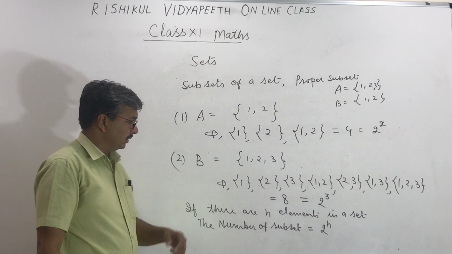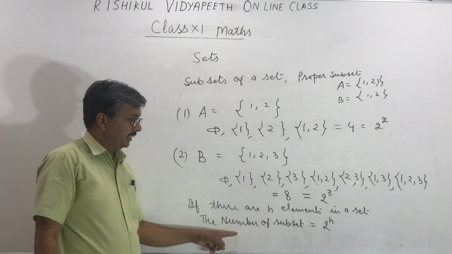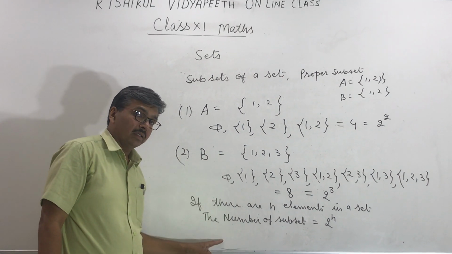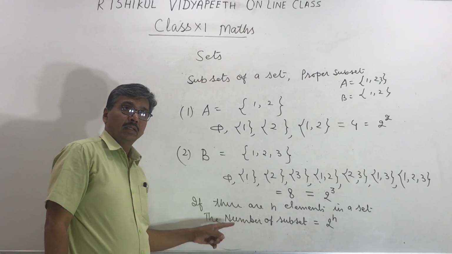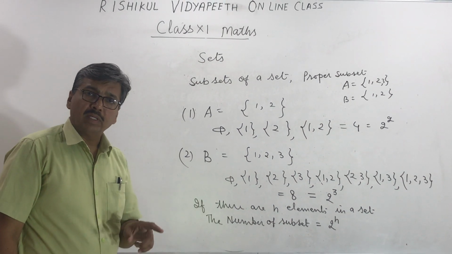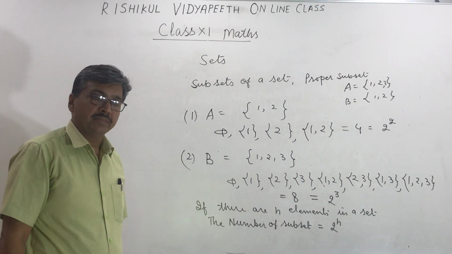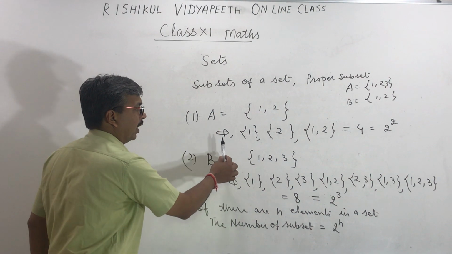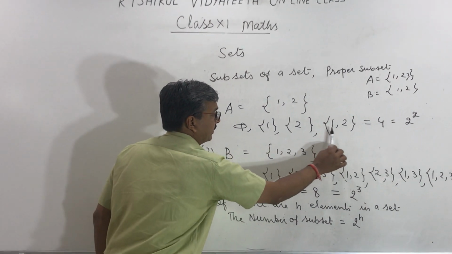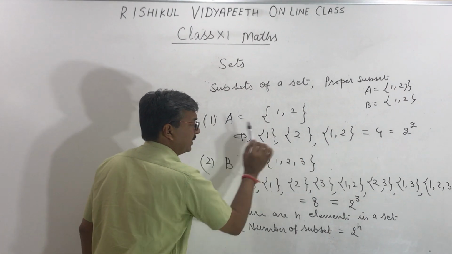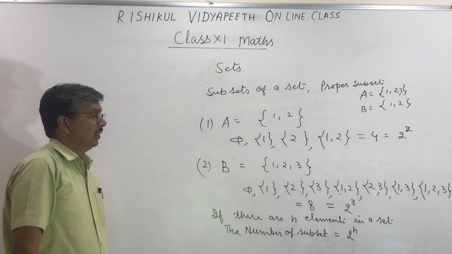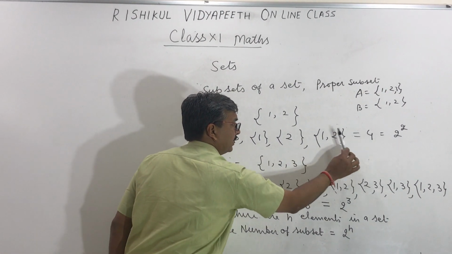And therefore now we will see what the general formula is to find the number of proper subsets. See here, how many proper subsets will be here? 1, 2, 3. It means 4 minus 1, 3.